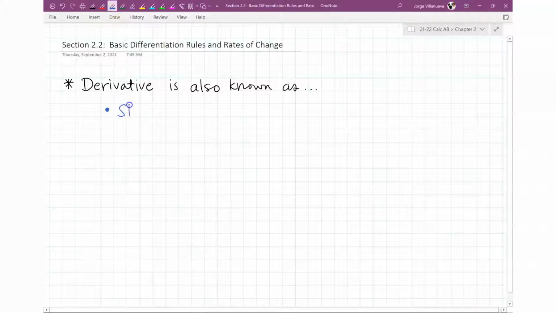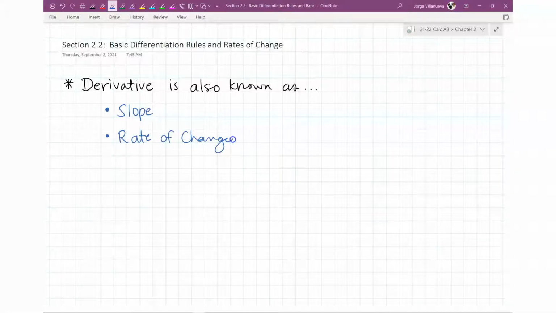One of them that you might find is a lot of times they'll tell you to find the slope of a line or of a curve at a specific point. In order to find that slope, you would take a derivative, right? Derivative also means whenever you see the terms rate of change. Okay, so rate of change also means you're probably going to be taking a derivative.